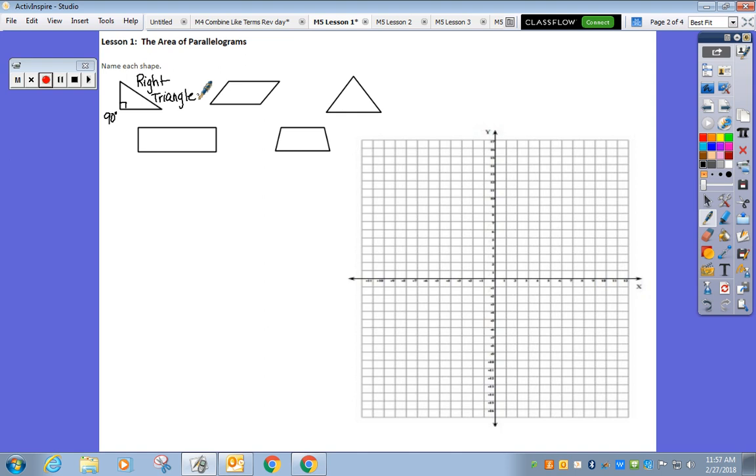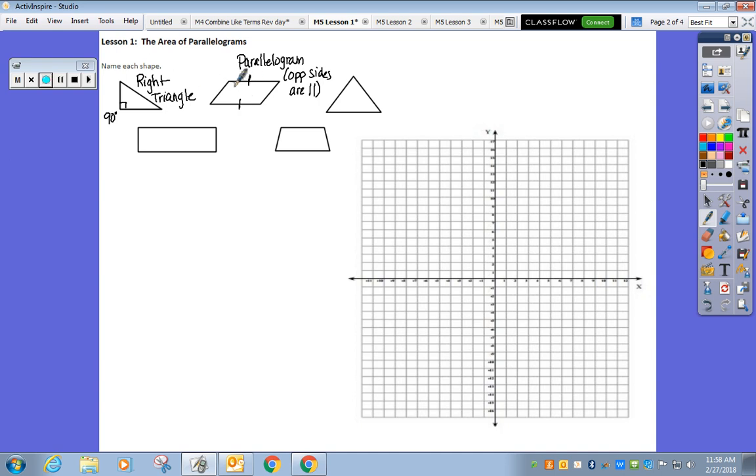Okay, the next figure we see is a parallelogram, and that's what we're going to be looking at today. Now, in a parallelogram, the opposite sides are parallel. And I'm going to make these 2 lines. That's the symbol for parallel. So what that's saying is this side and this side are parallel to one another.